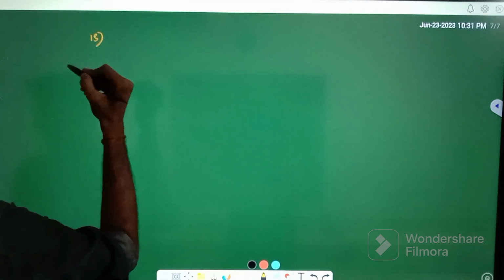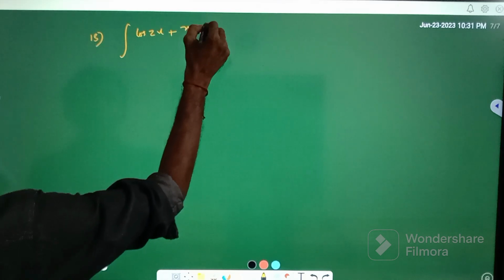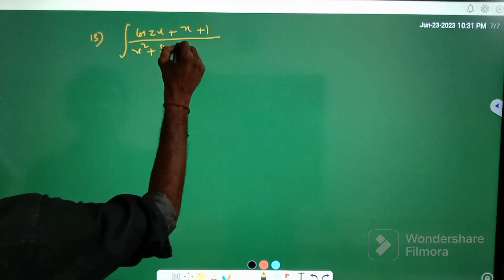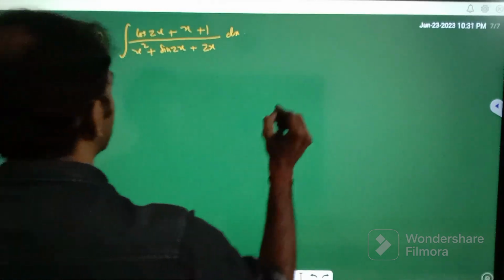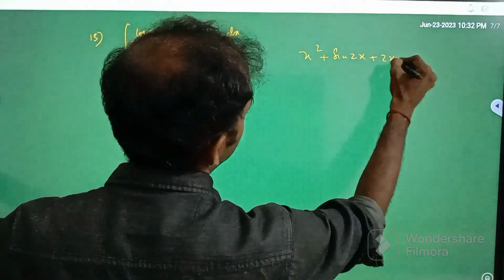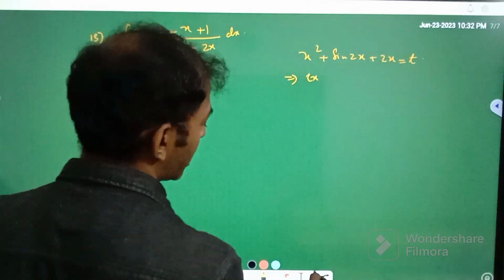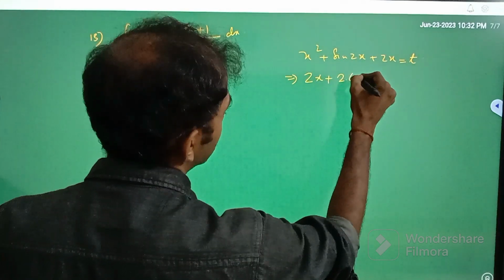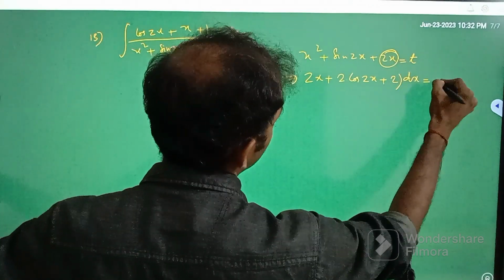The 13th problem is integration of (cos 2x plus x plus 1) total divided by (x square plus sine 2x plus 2x). A similar pattern of problem. We need to consider x square plus sine 2x plus 2x as t, and you need to differentiate it. Differentiation of x square will be 2x, differentiation of sine 2x is 2 cos 2x, and differentiation of 2x is only 2, into dx, and this is equal to dt.